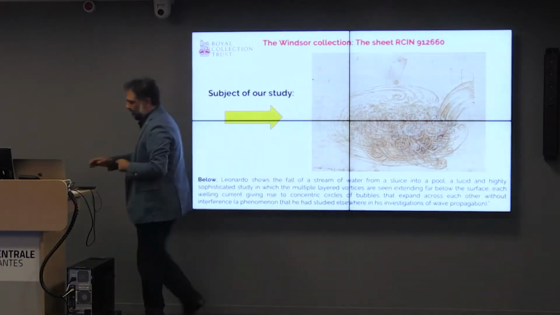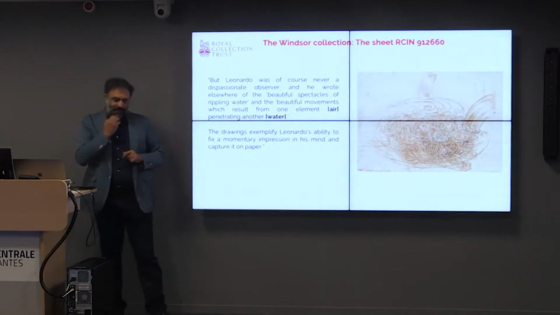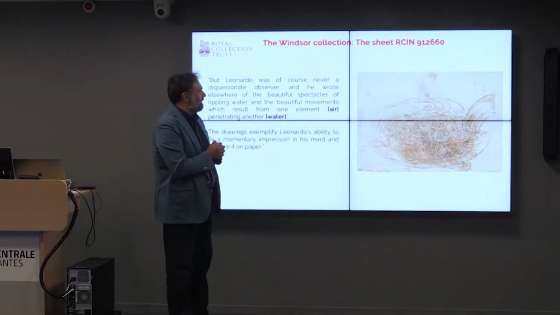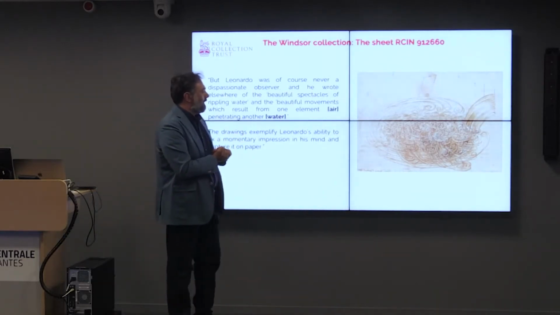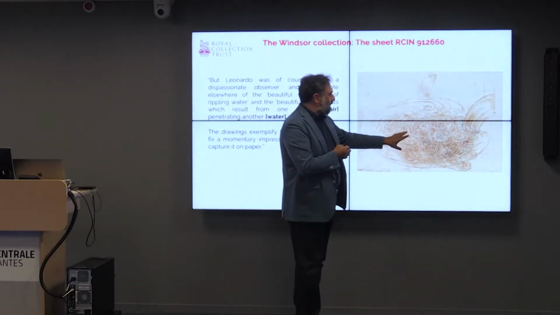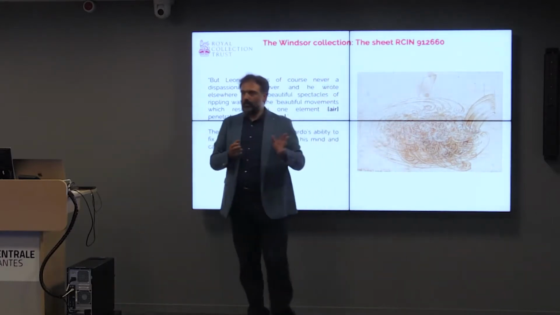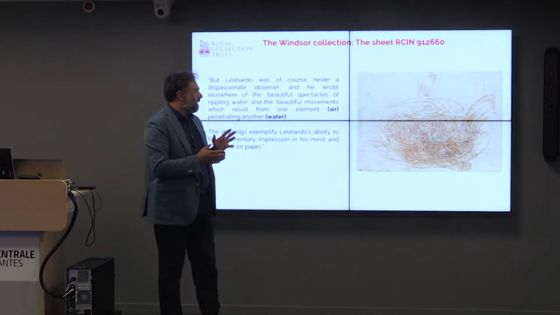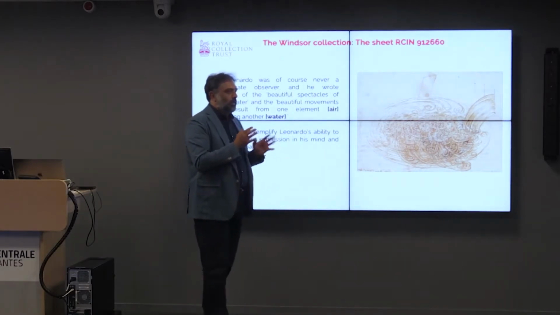So the first thing that we can see is that Leonardo correctly focused his attention on the fact that this kind of flow is a complex interaction between air and water.